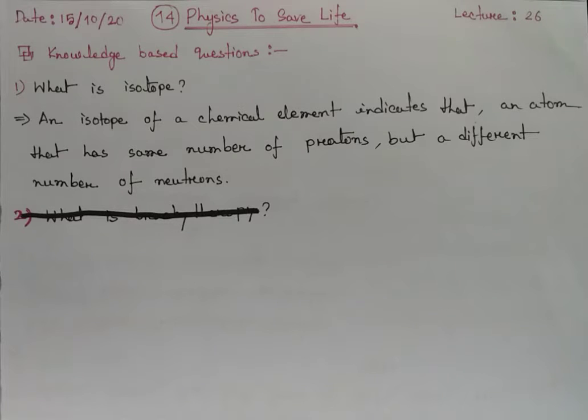First question is, what is isotope? This is a familiar question to you. An isotope of a chemical element indicates an atom that has the same number of protons but a different number of neutrons. That means an atom having the same number of protons but a different number of neutrons is called an isotope.